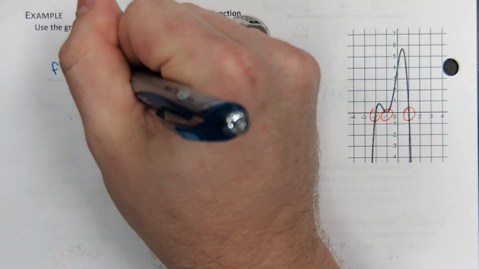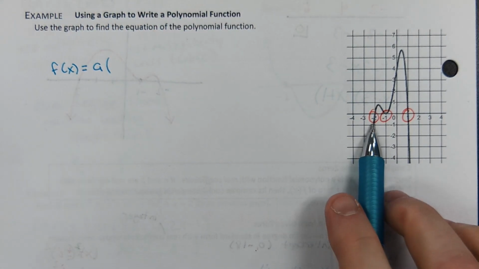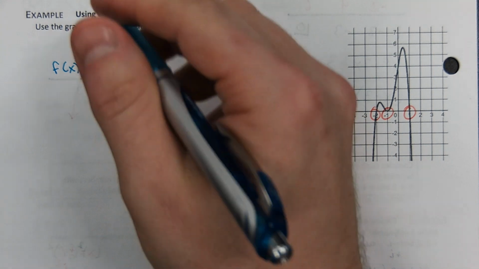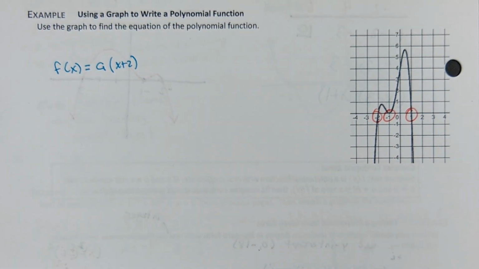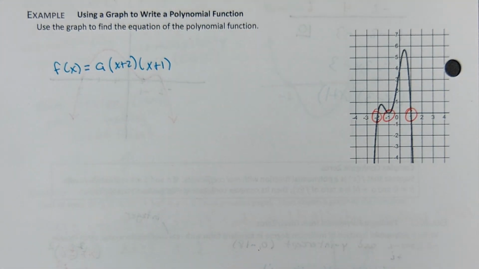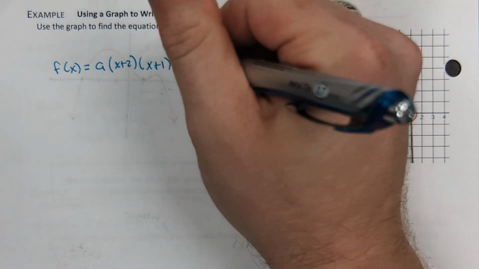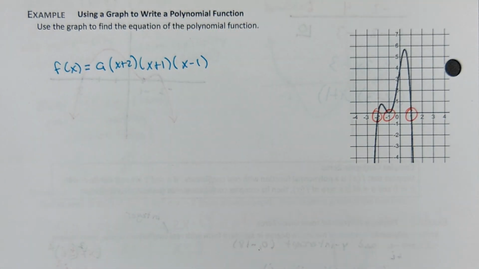So once again, I'll put an A on the front. Since negative 2 is a solution, I know x plus 2 is a factor. Since negative 1 is a solution, I know x plus 1 is a factor. And since positive 1 is a solution, I know x minus 1 is a factor.